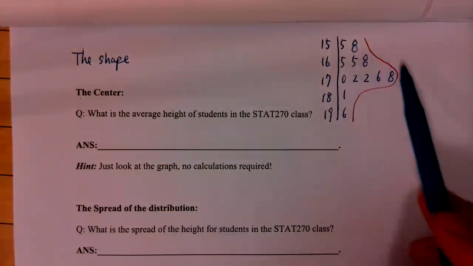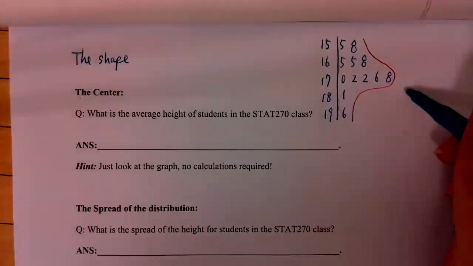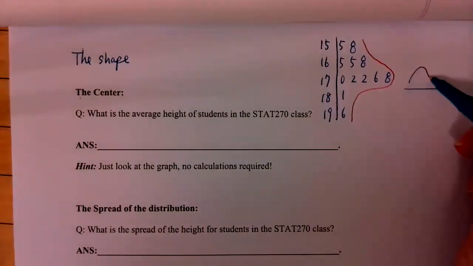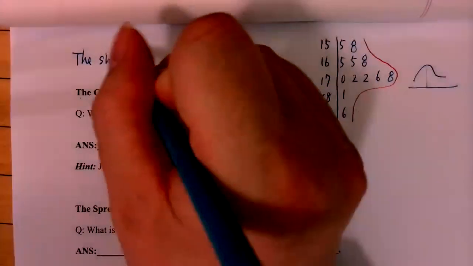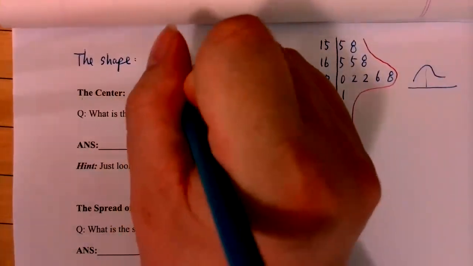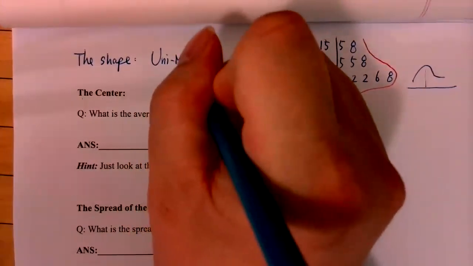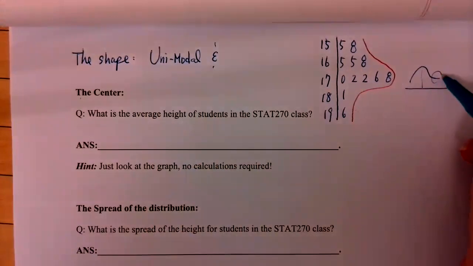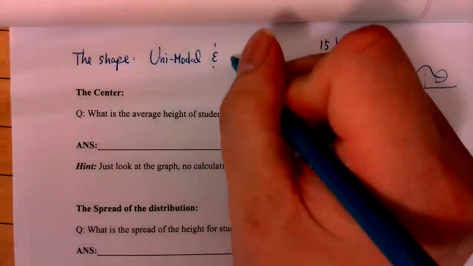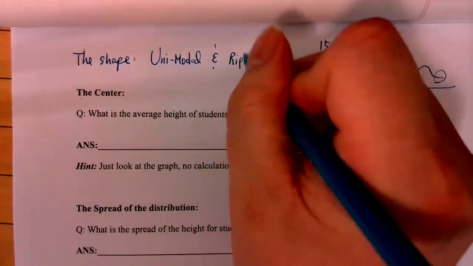Now look at here, how we describe the shape. People say, I see a peak, so this is unimodal. And I've also found a tail. So some people say this is unimodal and right skew.